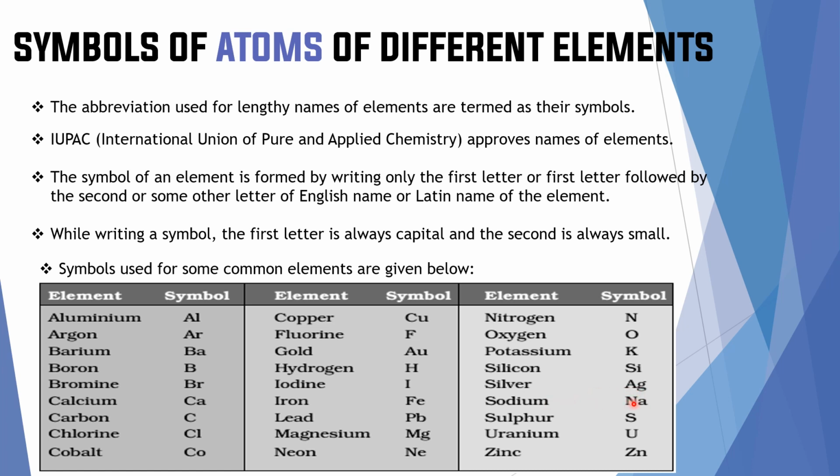Sodium, Na, natrium. Sulfur, S. Uranium, U. And zinc, Zn. These are some common elements. You have to memorize these element names and symbols, for the next class. Today I am not taking more topics.